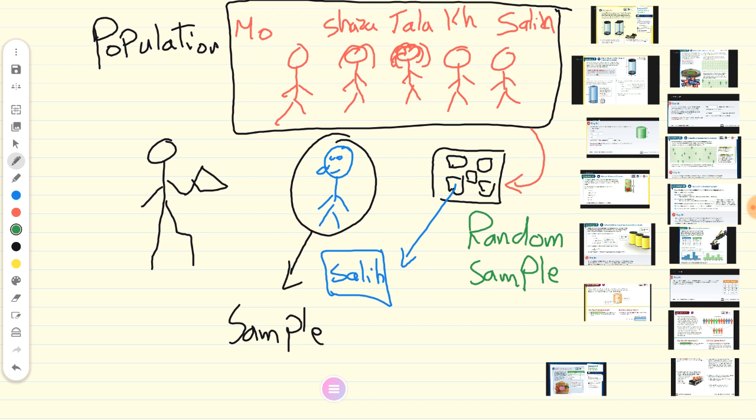So these three definitions are what we will study today: population, sample, random sample. And the random sample is the best way to choose a sample. One of the ways to choose a sample is to choose it in a random way.